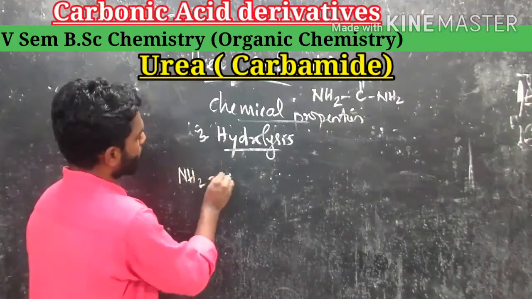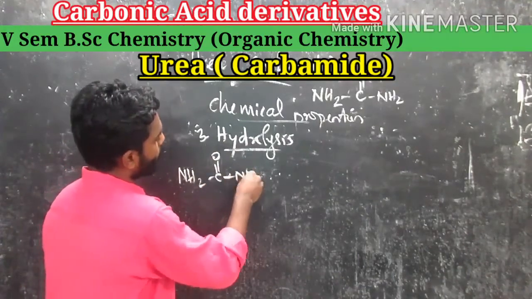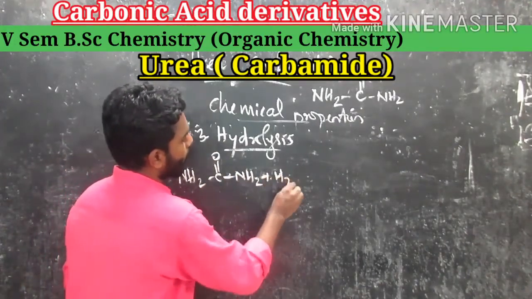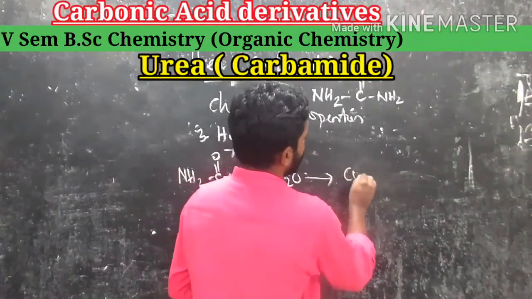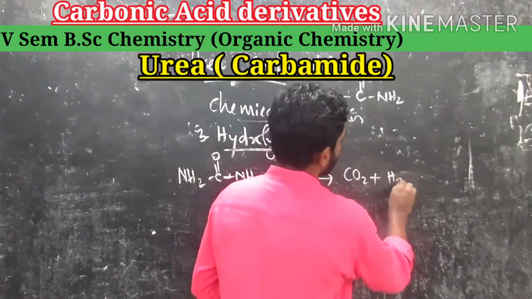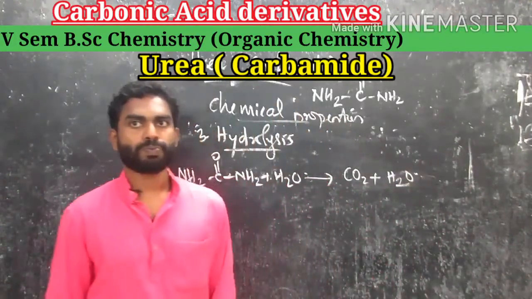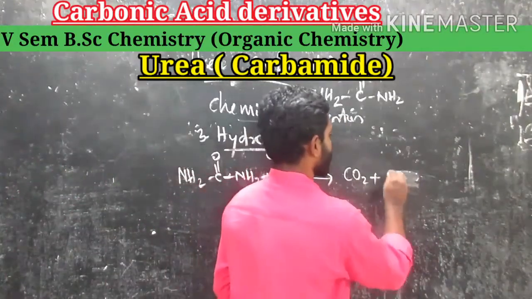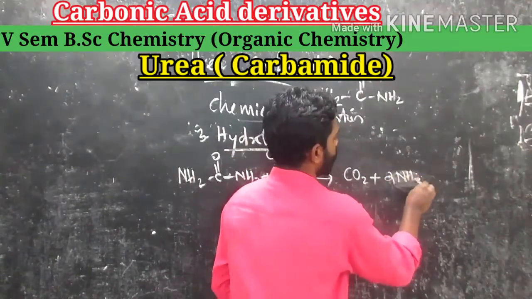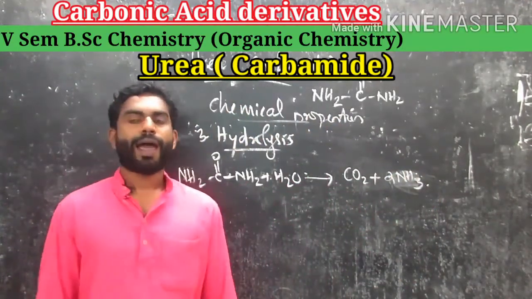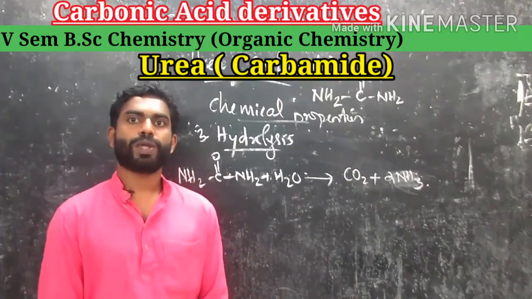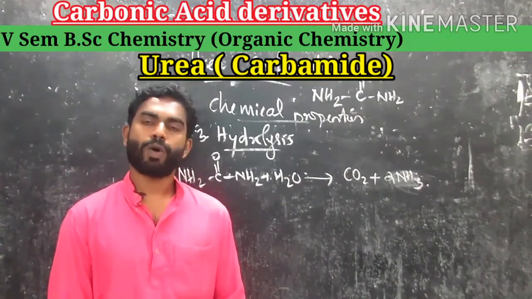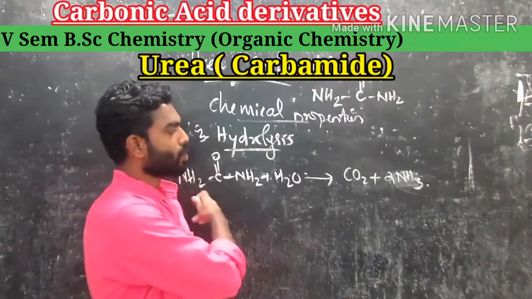NH2 CO NH2 treated with dilute acid or base, with H2O, gives CO2 plus 2NH3, carbon dioxide and ammonia. The enzyme urease can also bring about this hydrolysis.